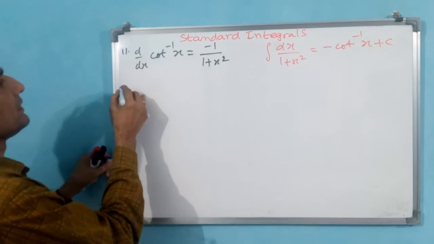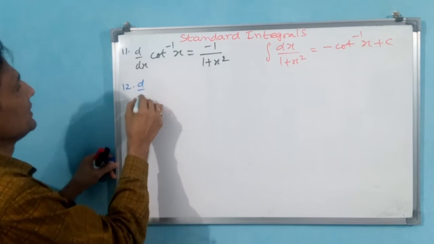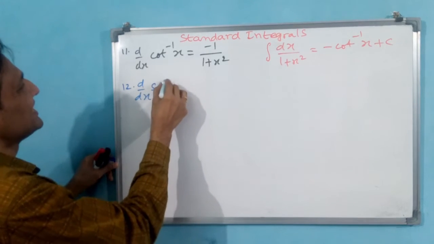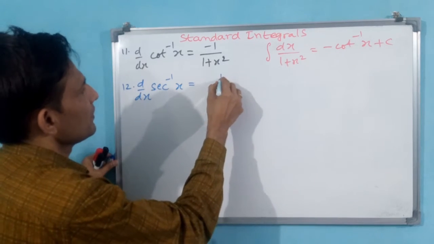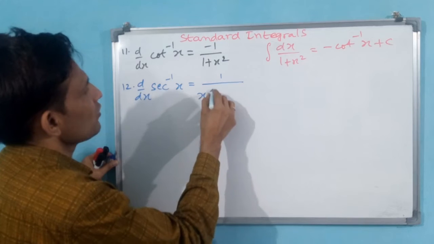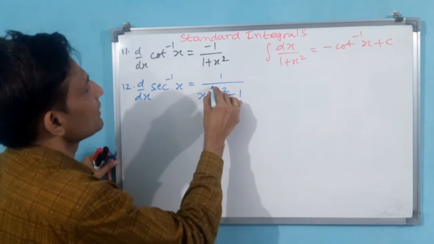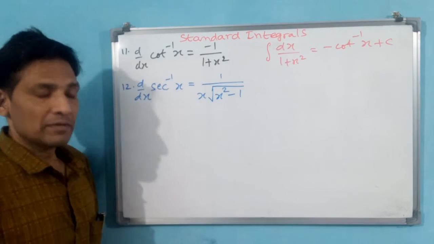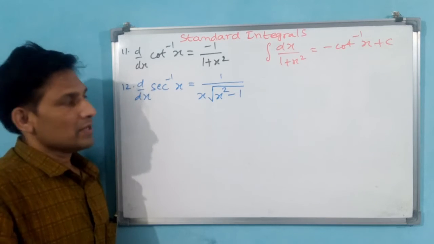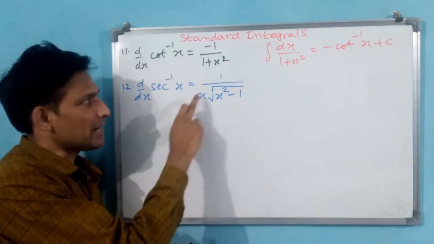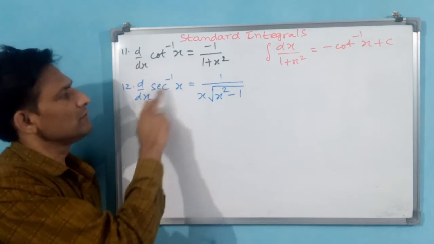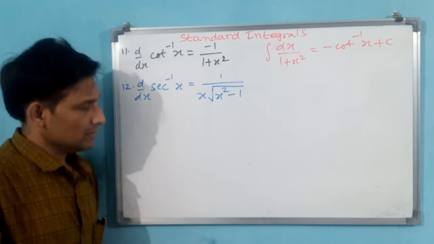Secant inverse x: 1 by x into square root of x square minus 1. Is it okay? 1 minus x square is for sine, x square minus 1 with multiplication of x will give secant inverse x.